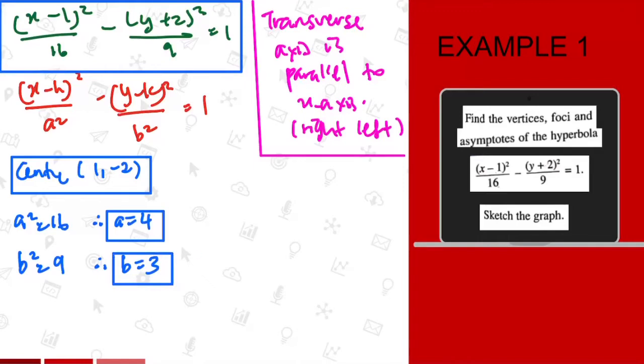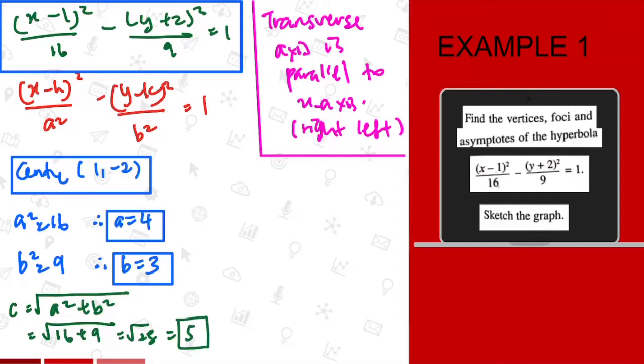So using the information of a and also b, now we can calculate the value of c. Your c is the square root of a squared plus b squared. So square root of 16 plus 9. This is the square root of 25. Therefore, the value of c is equal to 5.